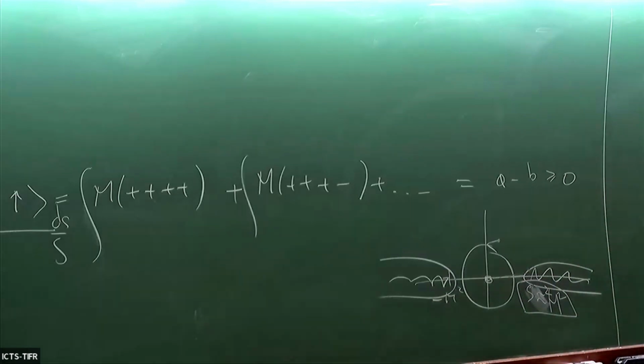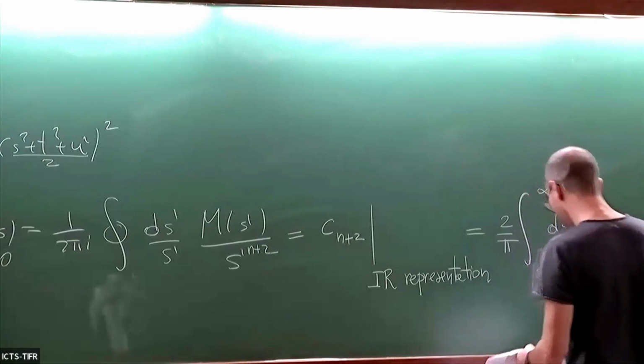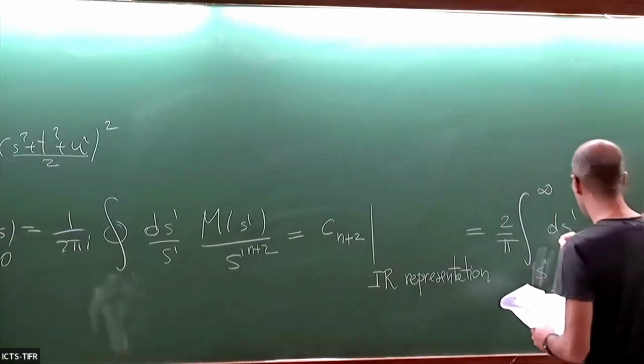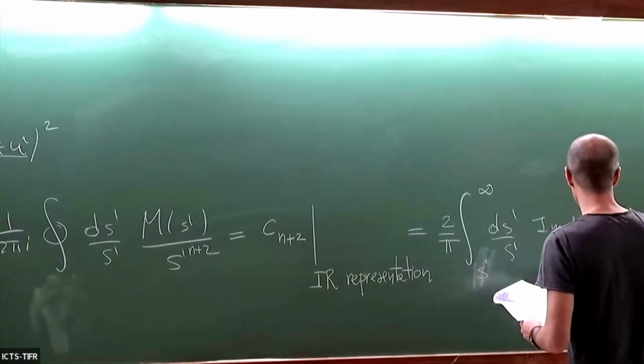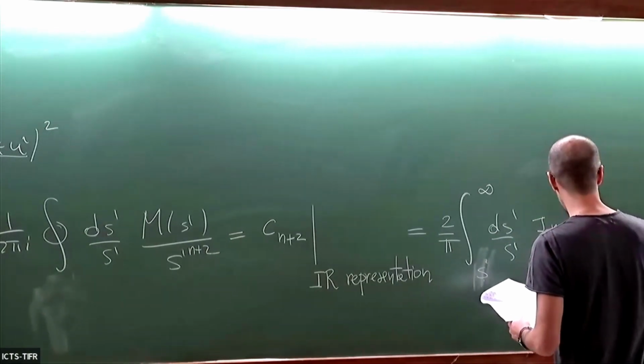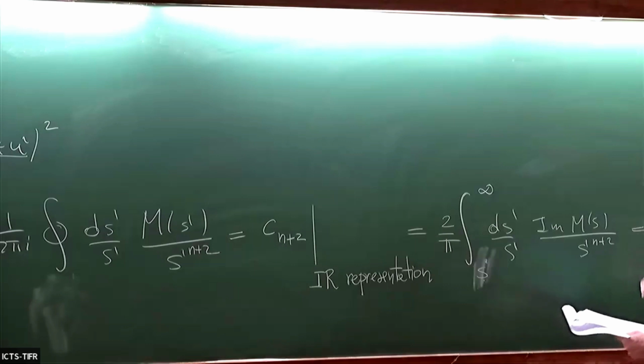It's not much of a difference. So from s to infinity, ds prime over s prime, imaginary part of m of s divided by s prime to the m plus 2, which is positive. That we established, but it's more than that. So let's change variables.